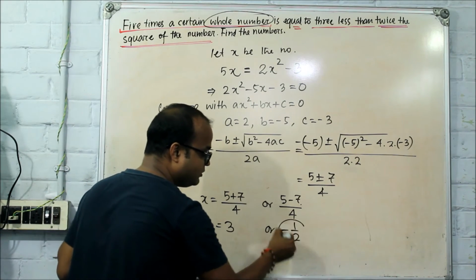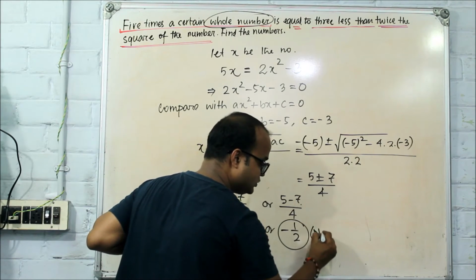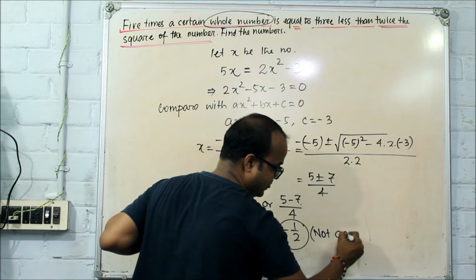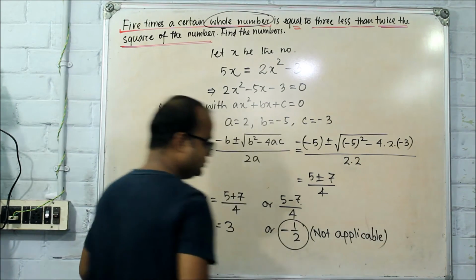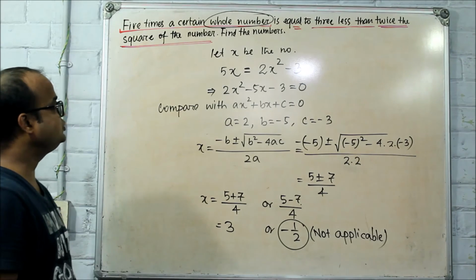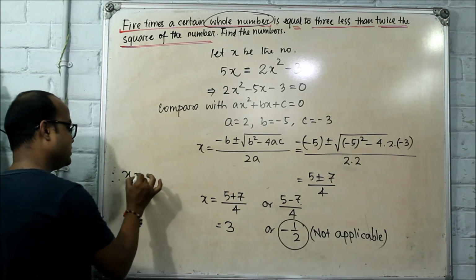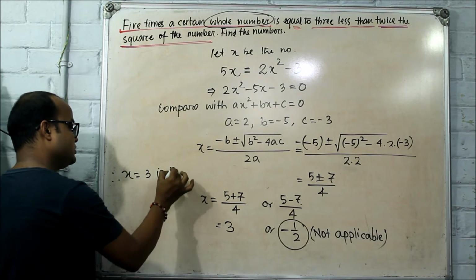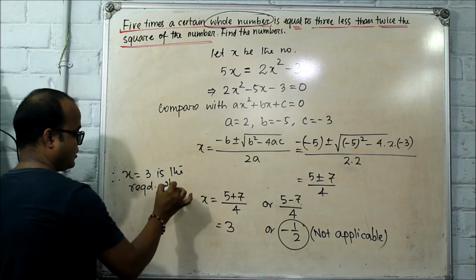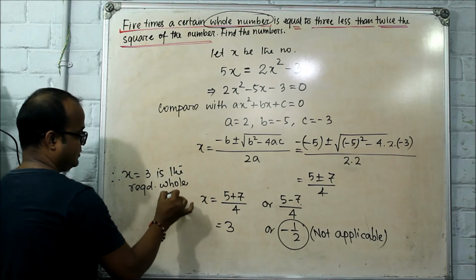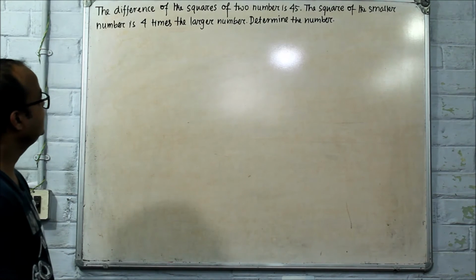Certainly minus 1 by 2 is not a whole number, so we say not applicable. So x is equal to 3 is the required answer. Therefore x is equal to 3 is the required whole number. Clear?